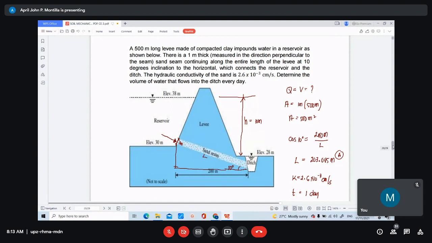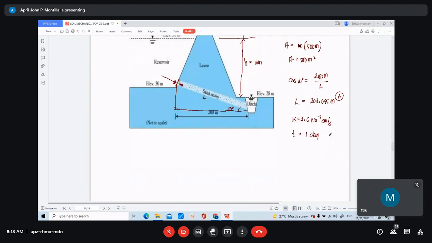No? So with that, paano natin mako-compute yung volume? Sabi natin, flow rate is volume over time. Diba? Ang dimension ng flow rate is L cube over T. So that is volume over time. But flow rate is also equivalent to the product of cross-sectional area and discharge velocity.